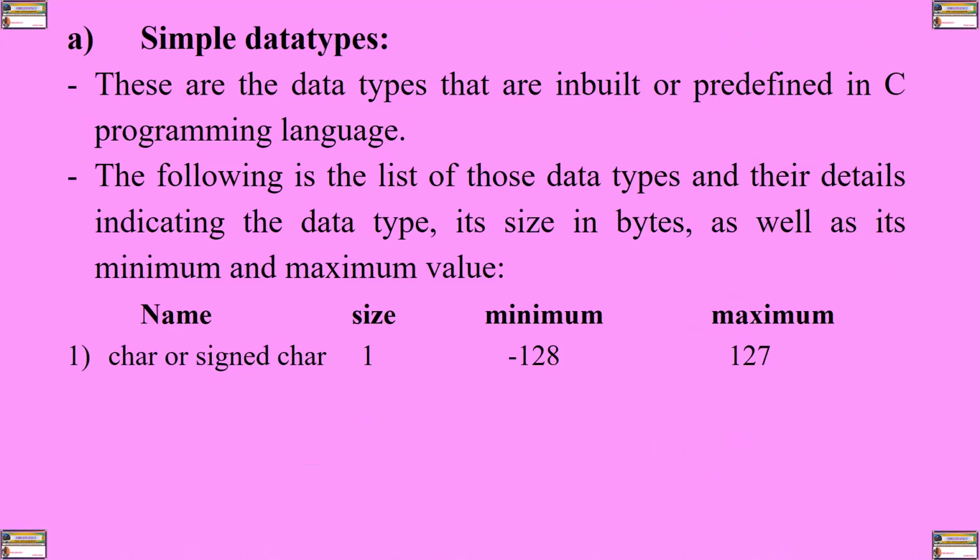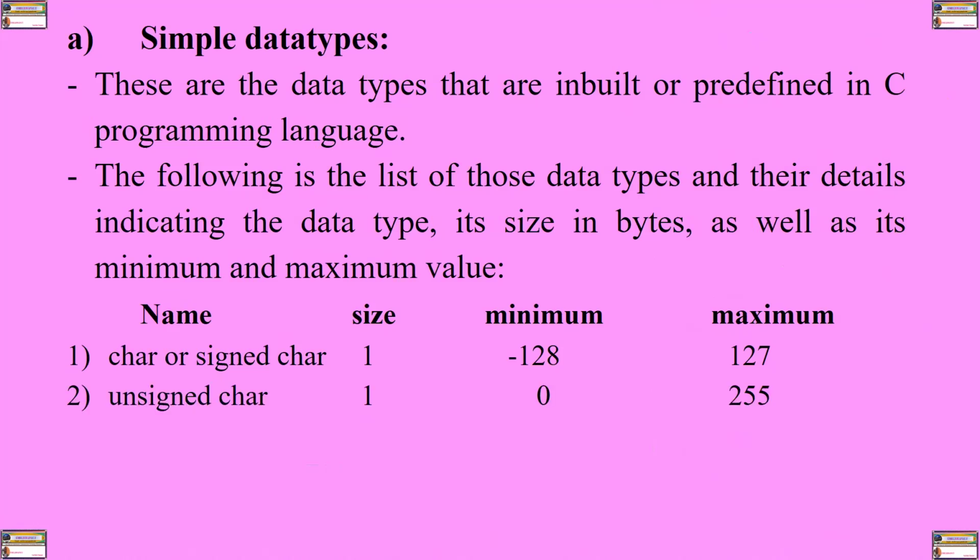Now, why is size important, my dear students and the rest of the learners? It's always good to choose the accurate data type because each data type has its own size. So depending on the size of the value that you want your memory location to hold, that will tell you which data type to select.